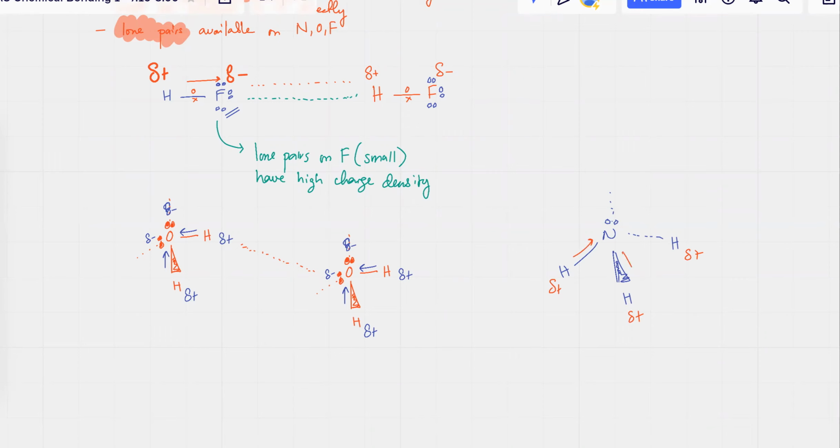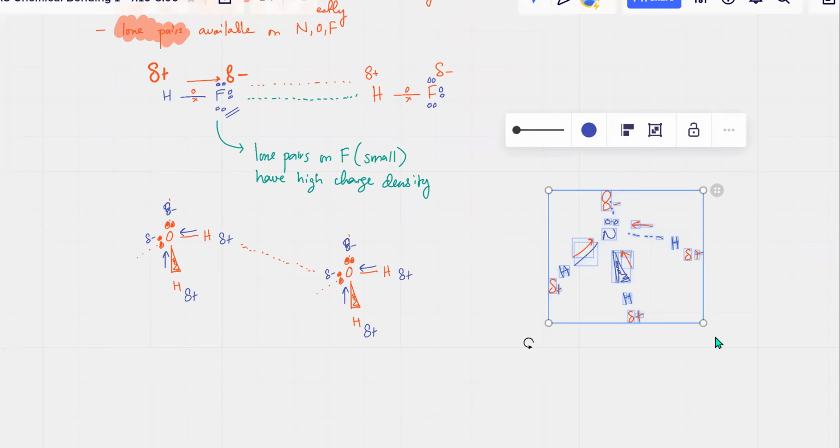The N atom being extremely electronegative would be pulling all the electrons towards itself, and this top would be extremely negative. And it's going to be even more negative because of the pair of electrons that's just there. So that would add to the negative charge. So again, it's a highly polar molecule, and because of the extra lone pairs, the attraction is even greater.